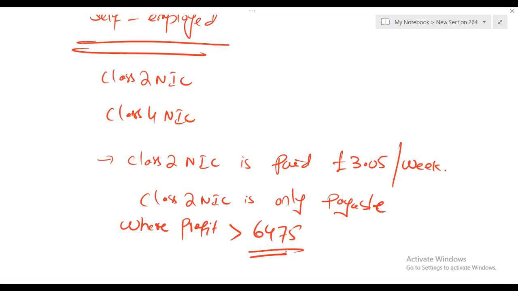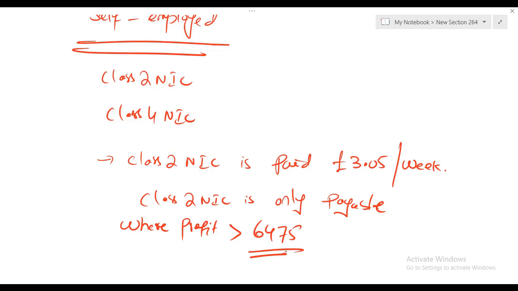Any business which is having profit less than 6475 is not supposed to pay any class 2 NIC. So class 2 NIC is payable on a weekly basis, which is 3.05 per week. But there is one additional condition: the profit of that particular business must be more than 6475 after deducting the loss.